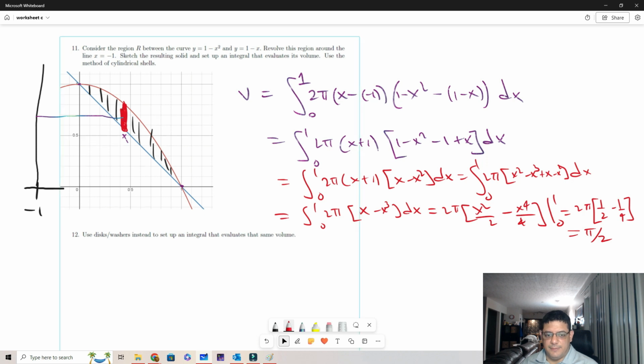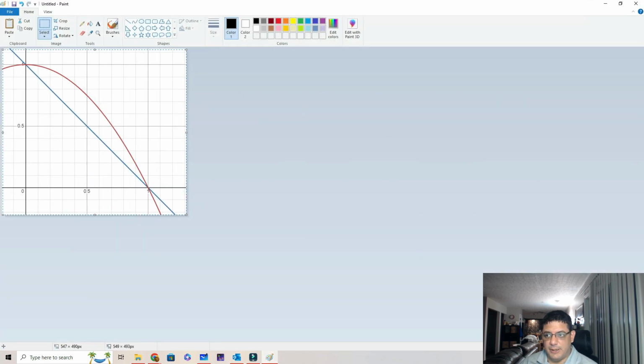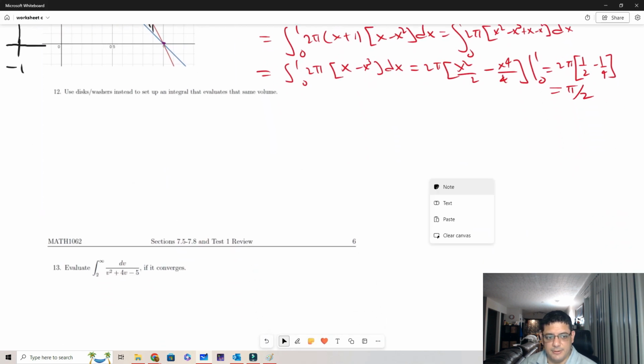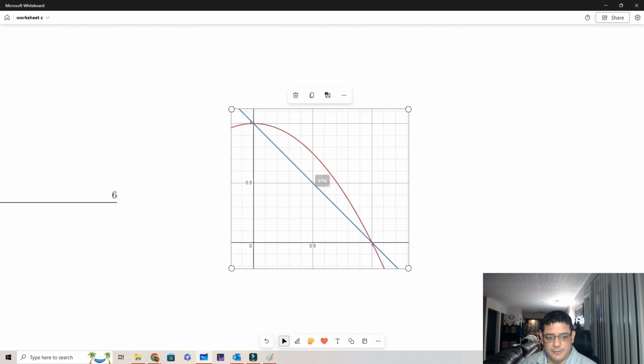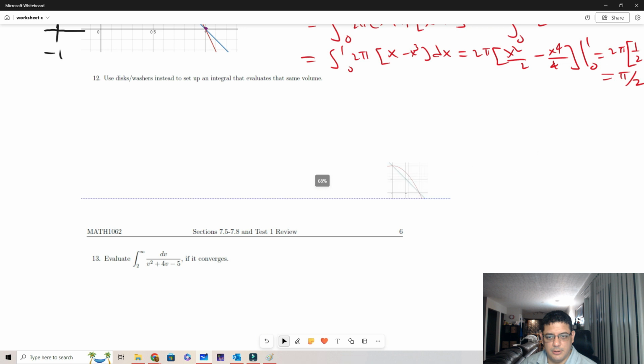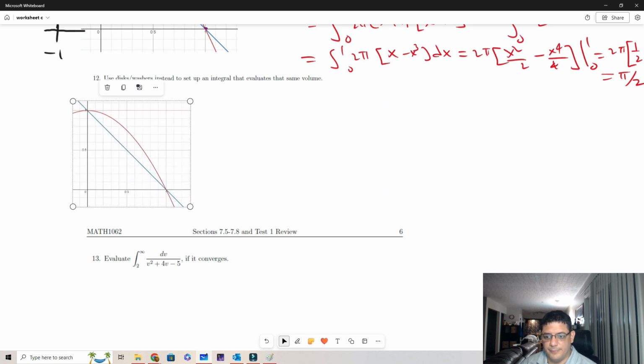And that is if I'm doing this in terms of cylindrical shells. Now I'm going to do the washer method. So let's do a small one here.